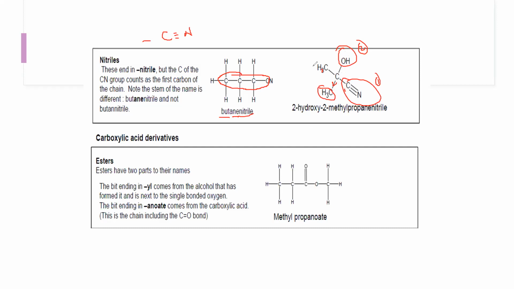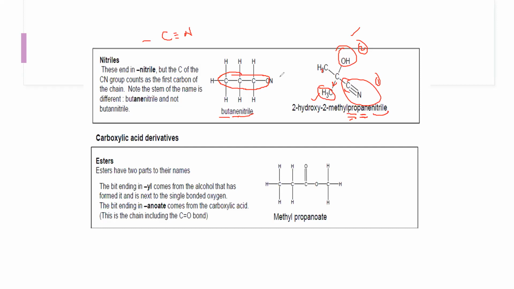So 2 hydroxy, 2 methyl. Why 2 hydroxy? Second position we have hydroxy, second position we have methyl. Prop, because of 3 carbons it is prop. They have a single bond between them, so it's an, and nitrile, because of this group we call that nitrile. So it is 2-hydroxy-2-methylpropanenitrile.